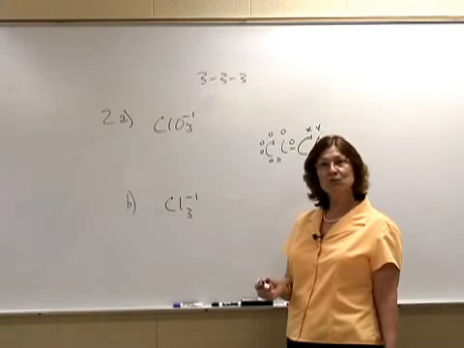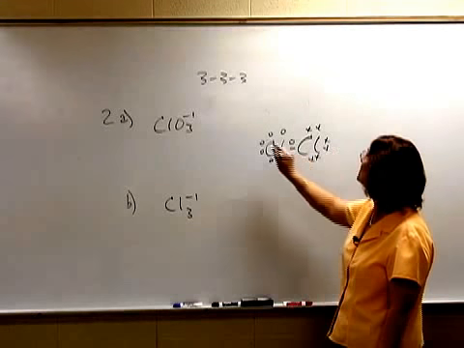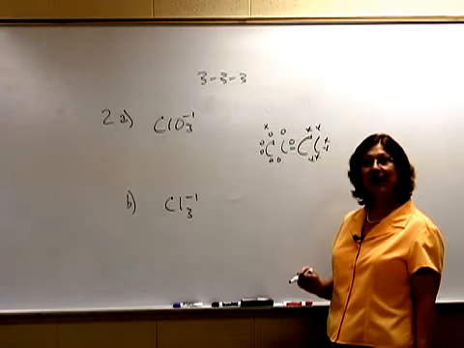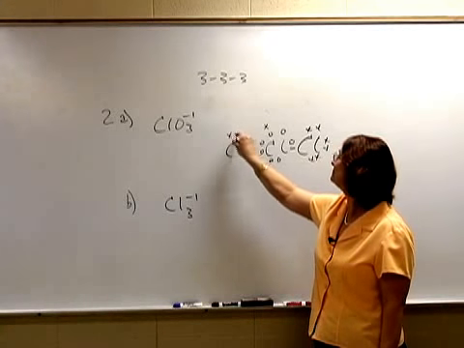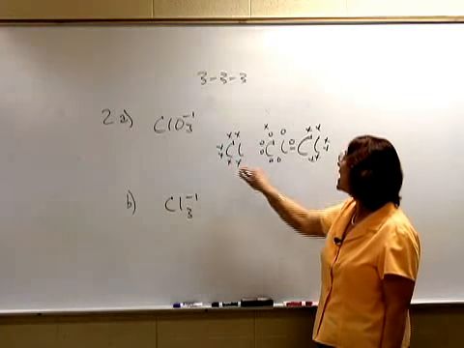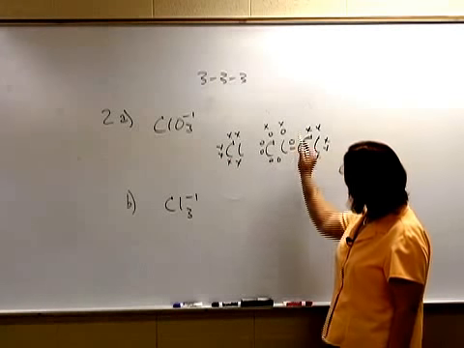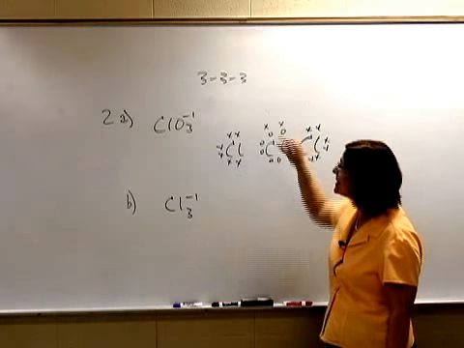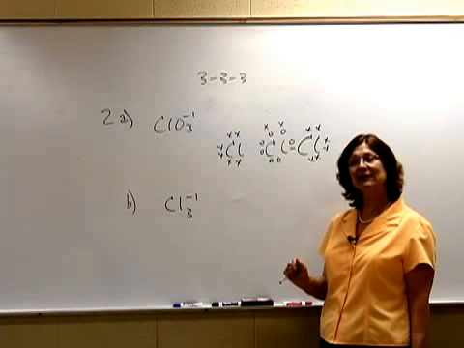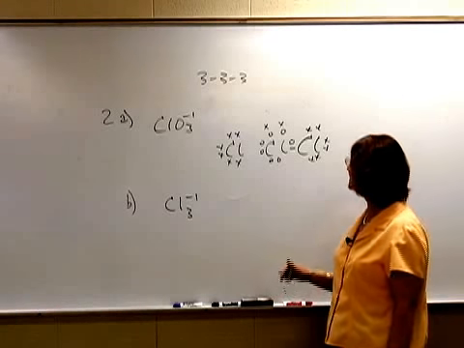And the additional one that I cannot put around this chlorine, I'm going to put up on the central atom. And then this chlorine also has 7. And the additional electron, again, I put on the central atom. And when I count this, I have 2, 4, 6 electrons. Not 6 pairs, but 3 lone pairs with a total of 6 electrons.